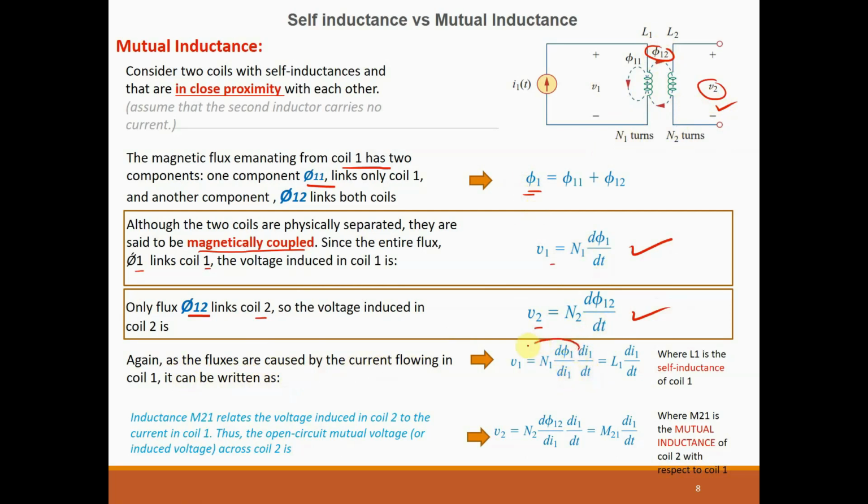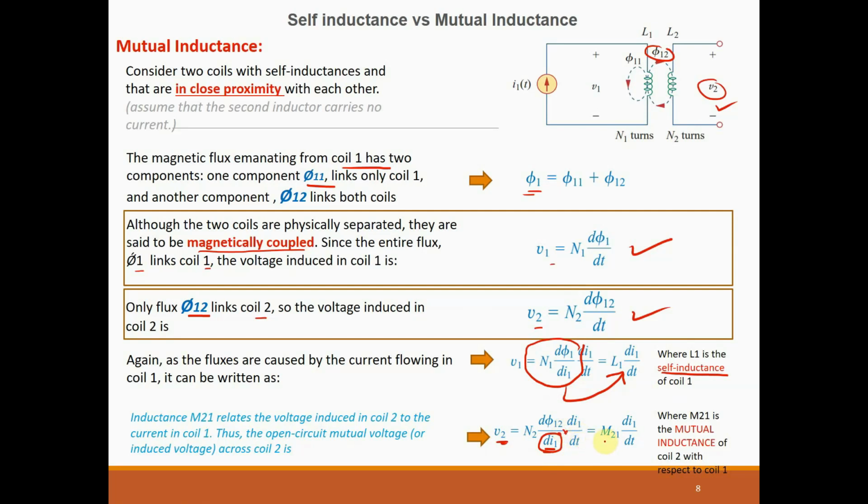So this one here is L1, the self-inductance of this circuit. What about e2? e2 can be written as N2 dΦ12 over di1, because this flux is with respect to the value of di1, multiplied by di1 over dt.